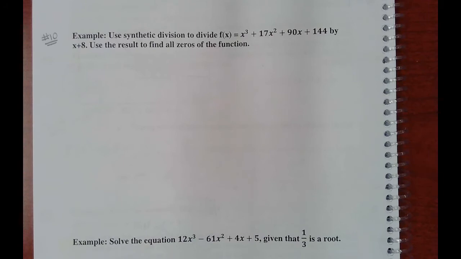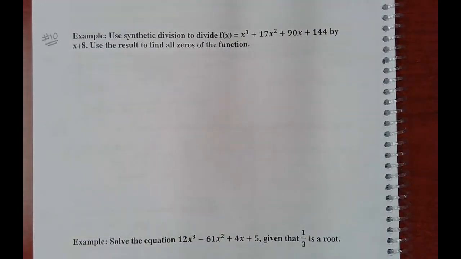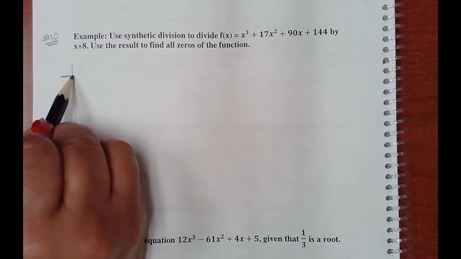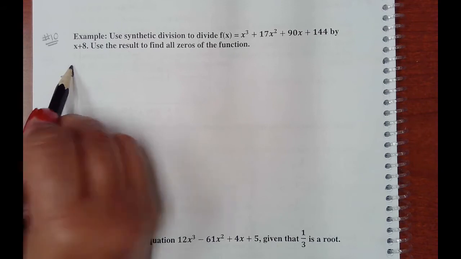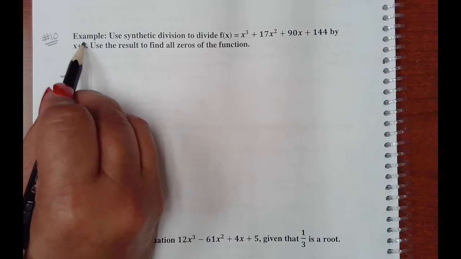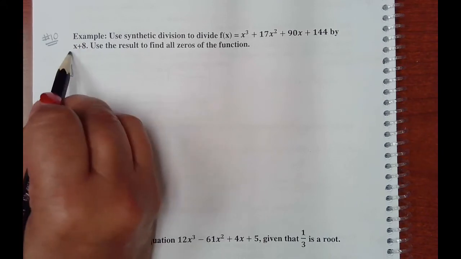Use the result to find all the zeros. So again, I wanted you to really get a firm grasp of when to switch the sign before delivering it to the synthetic box and when not to switch it. When the value is part of an expression like this and you're going to break these two apart, that is when you switch the sign.